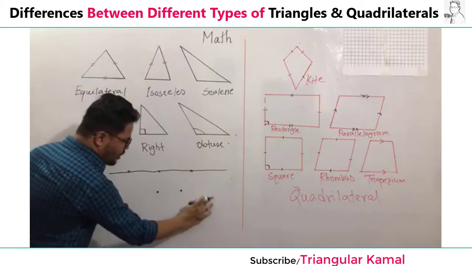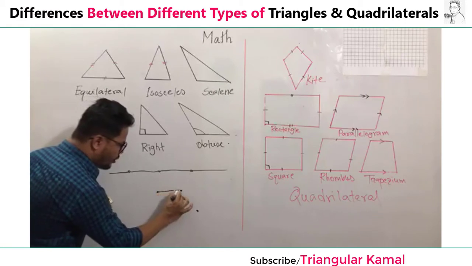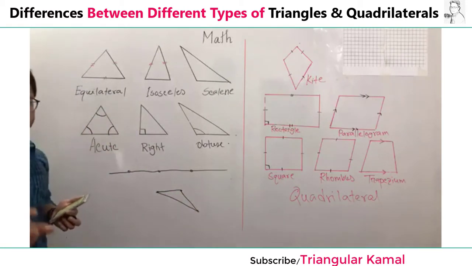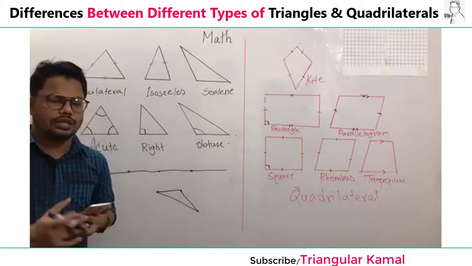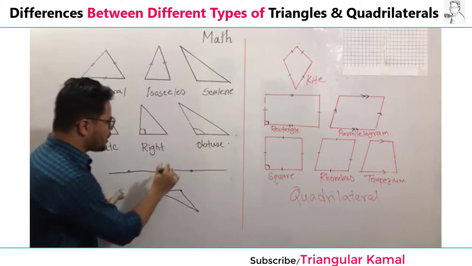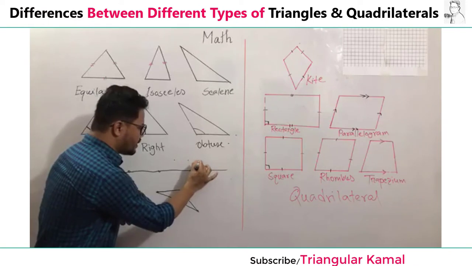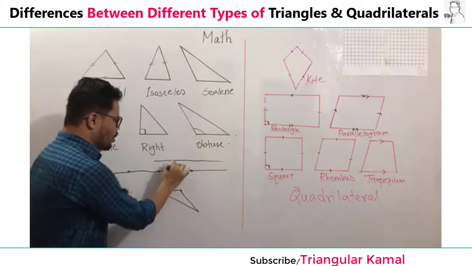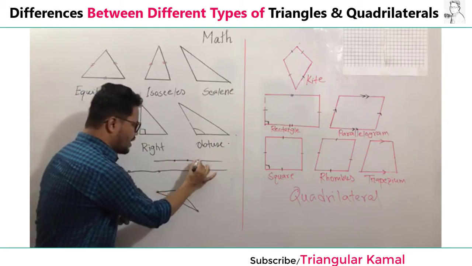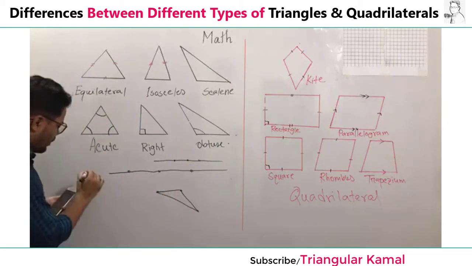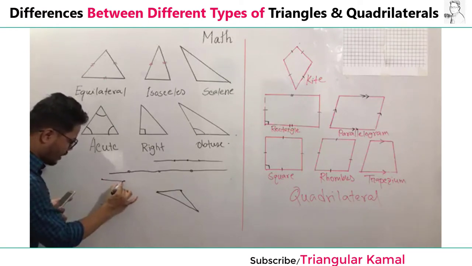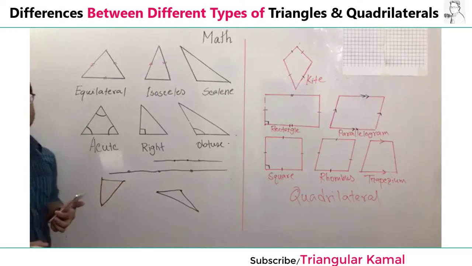If the 3 points are not in a straight line, we can draw a triangle by using the 3 points. My dear students, this is another most important content. When the 3 points are in a straight line, we cannot draw a triangle by using them; we can draw only a straight line. When the 3 points are not in a straight line, we can draw a triangle.